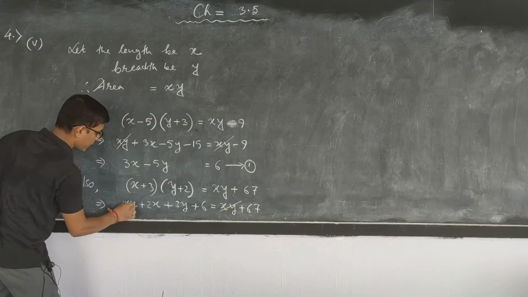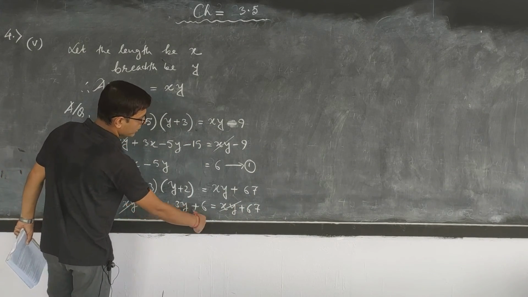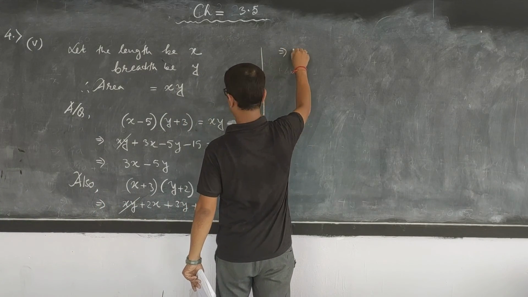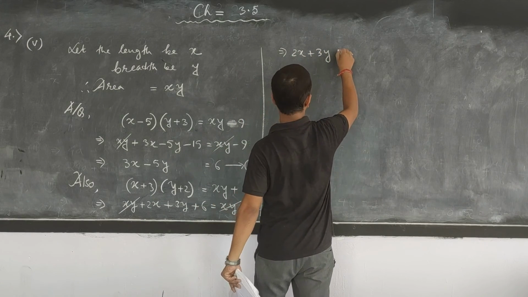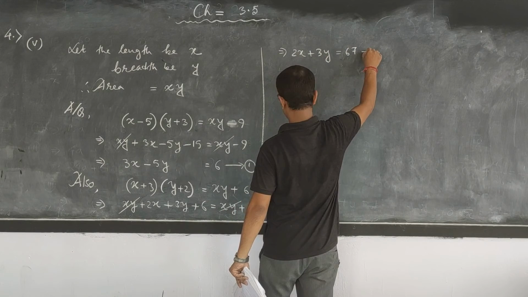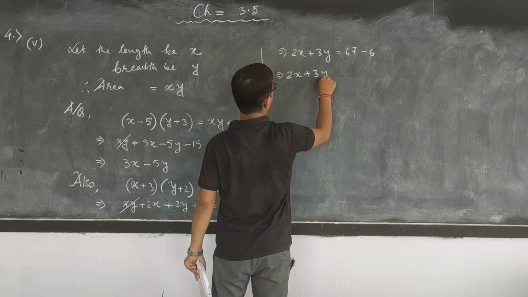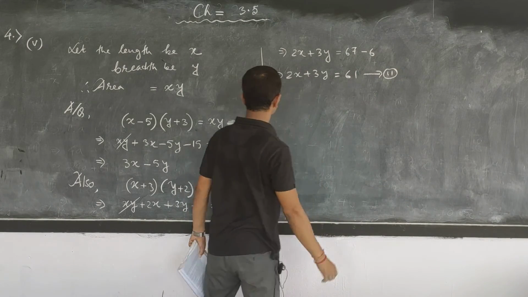This xy gets cancelled, we have twice x plus thrice y, 6 will go that side. Twice x plus thrice y is equal to 67 minus 6, that is 61, that is equation number 2.